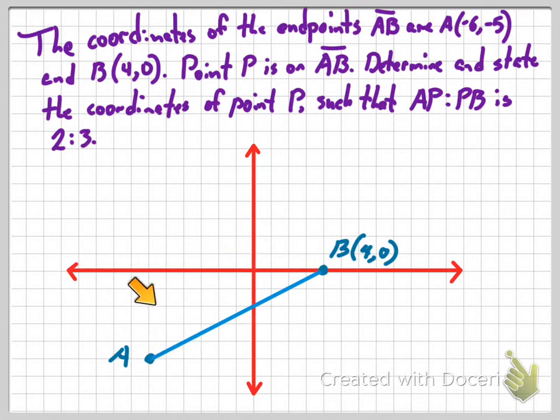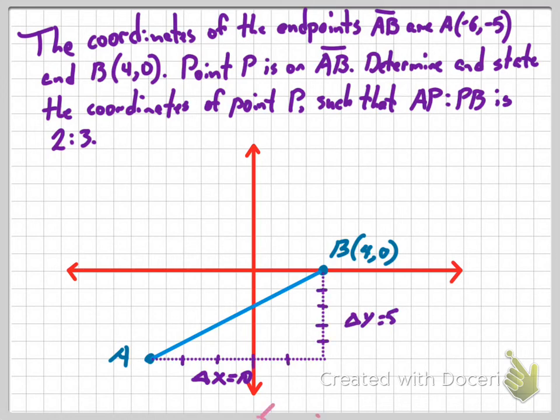So we're going to have 2 parts on this side, 3 parts on this side. How many parts do we have in all? 5. So the easiest way to attack this problem is to divide it up into 5 parts. So that's what I'm going to do. My change in x here is 10, and my change in y here is 5.